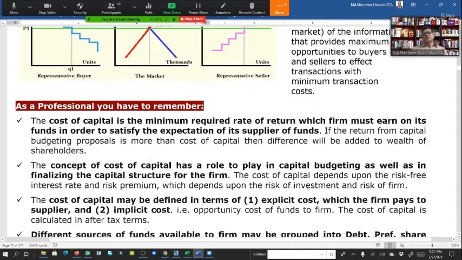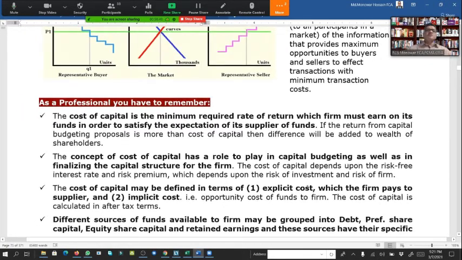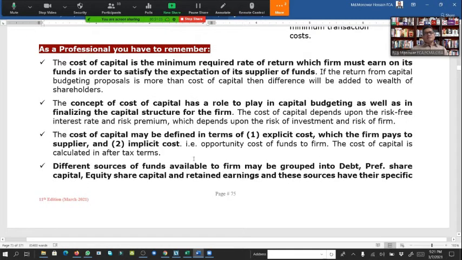As a professional, you are the company secretary. You have to remember the cost of capital is the minimum required rate of return which a company must earn on its funds in order to satisfy the expectations of its suppliers of funds. The concept of cost of capital has a role to play in capital budgeting as well as in finalizing the capital structure of a company.